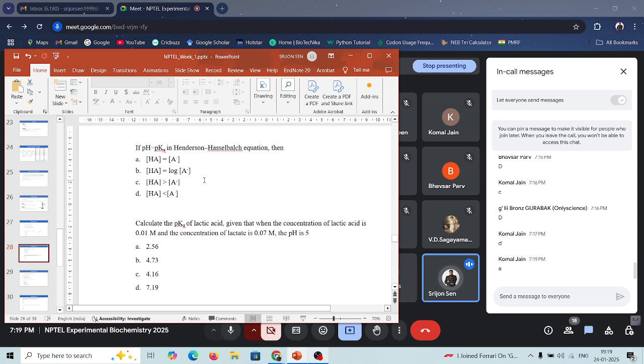What happens over here is pH is equal to pKa plus log of conjugate base by conjugate acid. So in a condition where pH is equal to pKa, which of the following options will be correct? Only one answer.